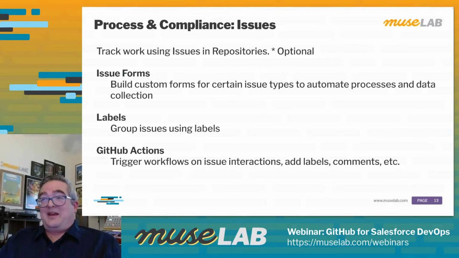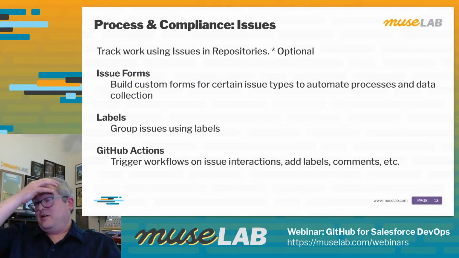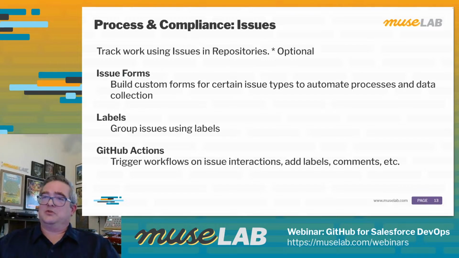Another feature I haven't played with a whole lot, but I know others are utilizing to automate some processes, is GitHub issue forms, which allows you to define the schema for a form that renders into a web form whenever somebody goes to submit an issue of a particular type.